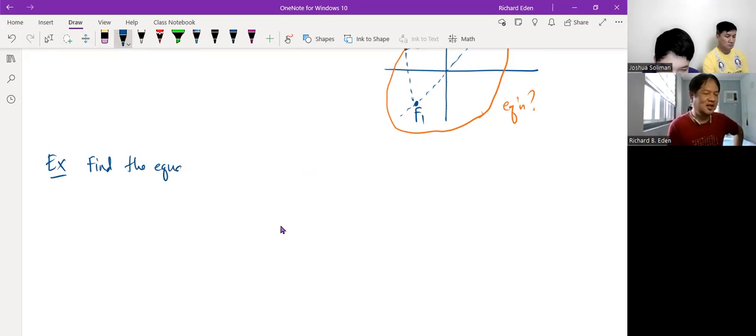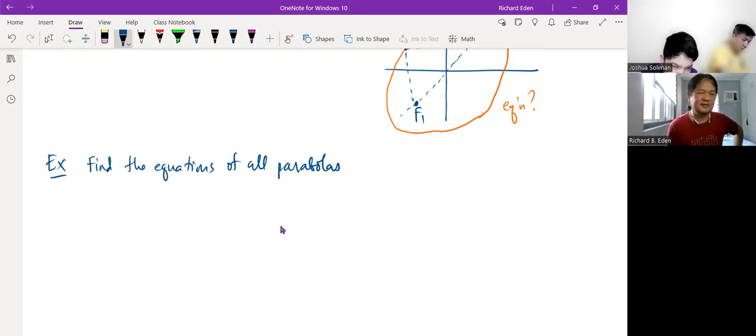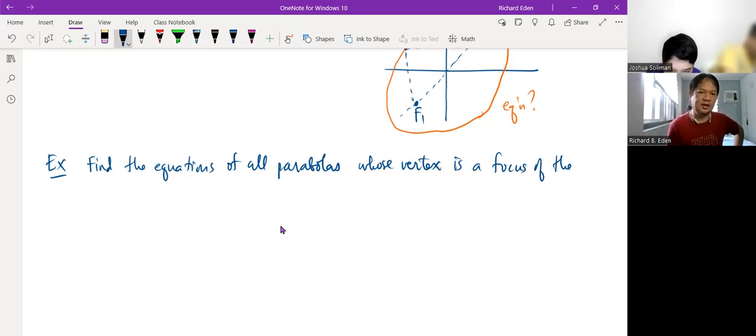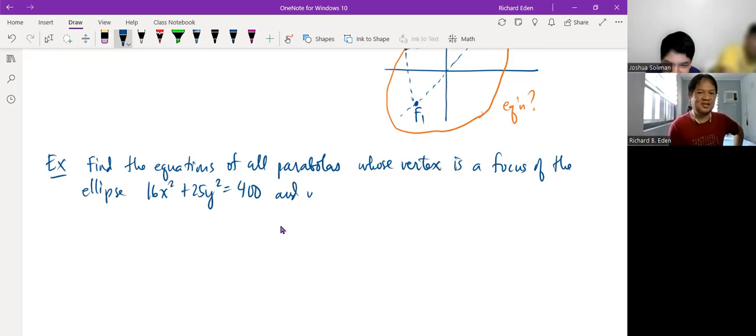Find the equations of all parabolas whose vertex is a focus of the ellipse, and whose focus is a vertex.